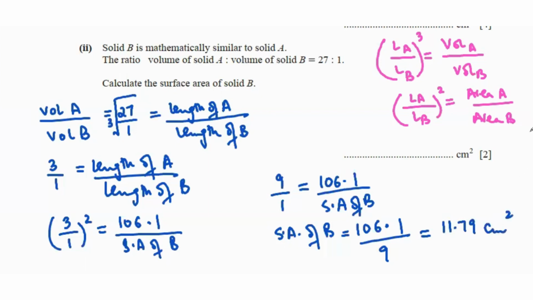As you can see, we found the surface area of solid A in the previous part. So we have that value. We already figured out the ratio of lengths, which is 3:1. So there's just one unknown, which is the surface area of B, and that is exactly what we're trying to find. So we squared the ratio of lengths and put it equal to the ratio of surface area of both the shapes. And that gives us the answer.